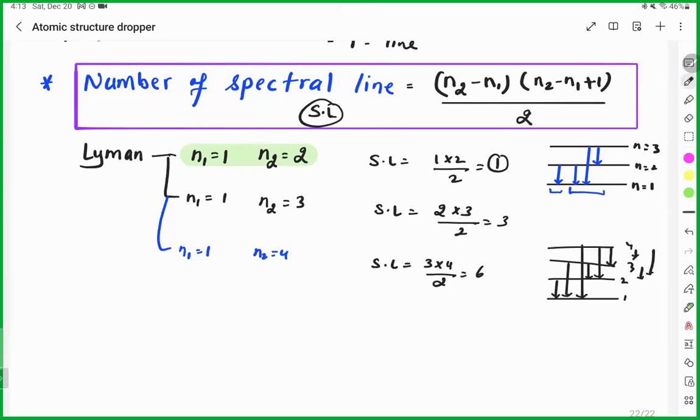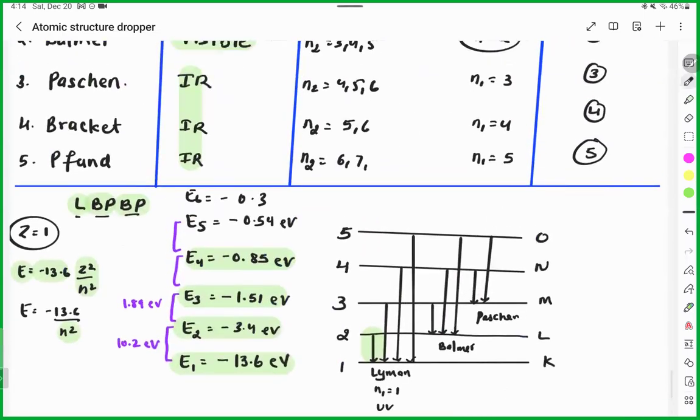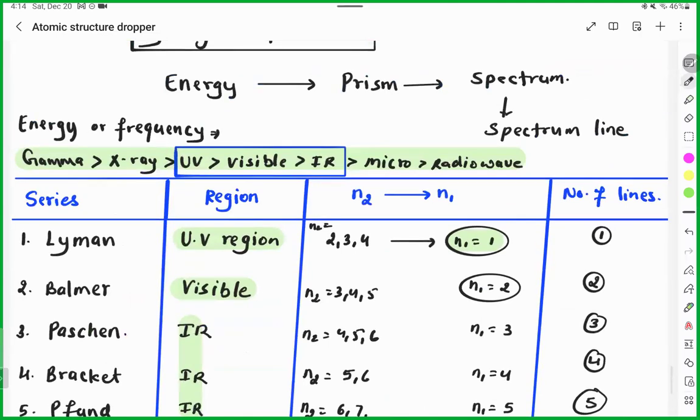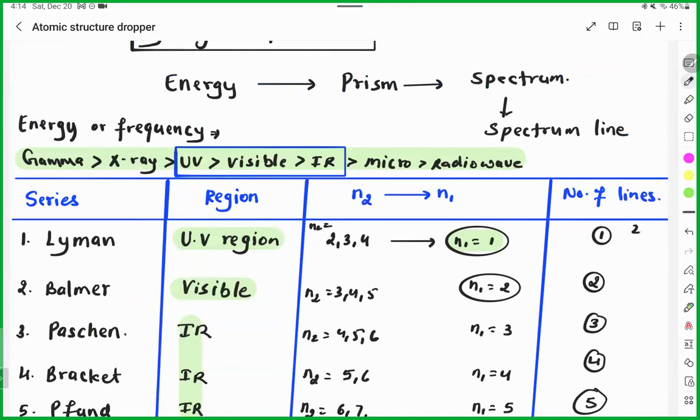Sir, but that does not belong to Lyman series. No, it will be Lyman series because ultimately n1 is 1, na? It could be anything. When we said Lyman series is 1, in this series we are considering when it is coming from 2 to 1.